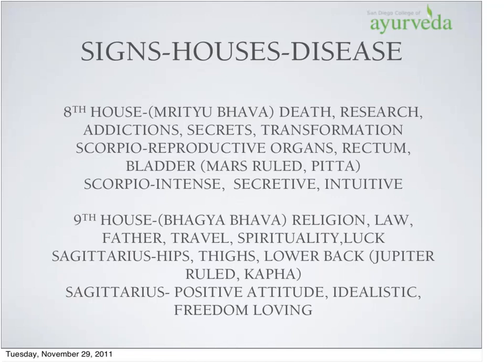The 8th house deals with chronic diseases, and it deals with the reproductive organs, with the rectum, with the bladder, and it's ruled by Mars. So this is Pitta-like in nature. Again, Mars, you may recall, rules over blood, which Pitta is. That gives us more information, the dosha, the planet.